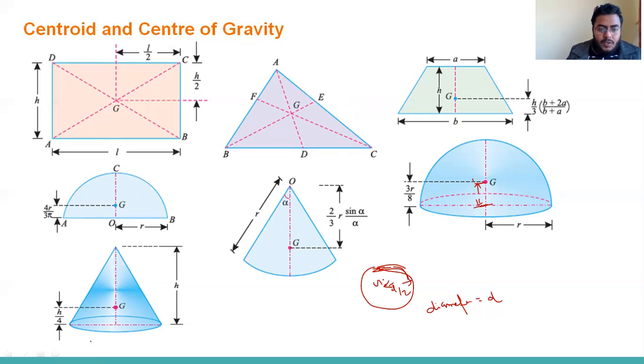For the right circular solid cone, the centroid will be h/4 distance from the base.